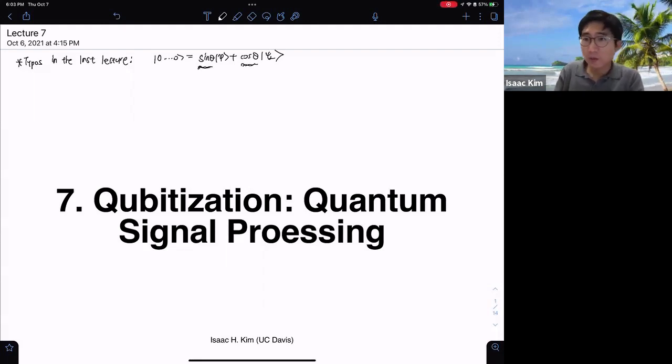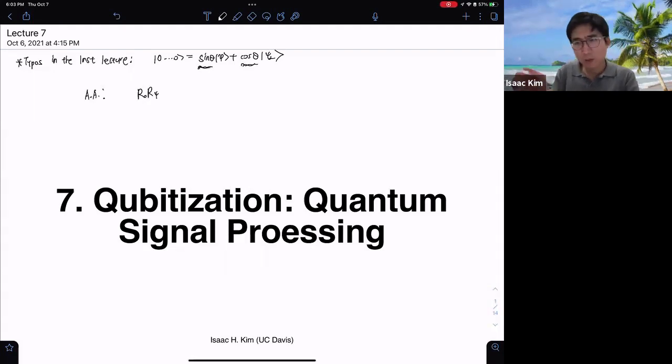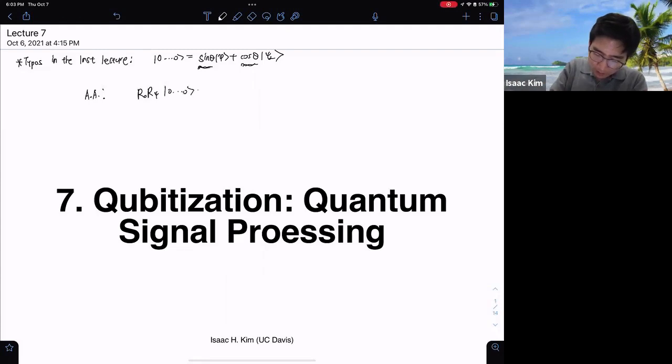Another mistake that I made was in the amplitude amplification. There was this operator, which was R0 R psi, or maybe it's the order exchange. If you apply this to that state, I said this was sine 2 theta, but it's actually sine 3 theta, cosine 3 theta.